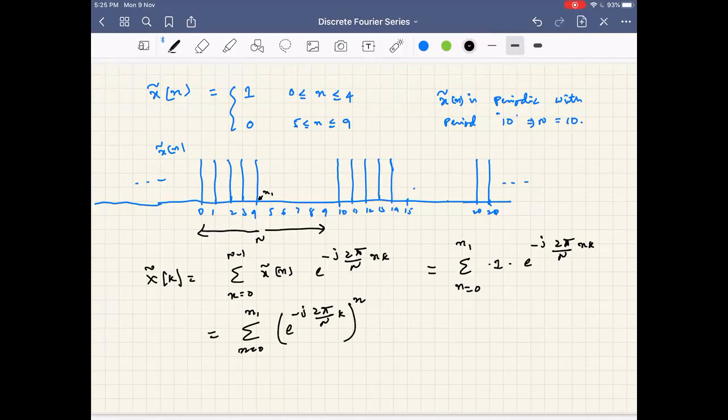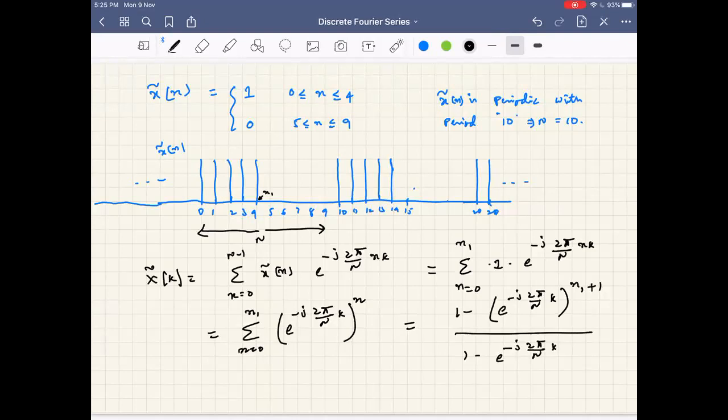So it is like a power 0 plus a power 1 plus a power 2 and so on. This can be written as 1 minus e power minus j 2 pi by N into k, whole power n1 plus 1, that is the number of non-zero terms here, divided by 1 minus e power minus j 2 pi by N into k, right?